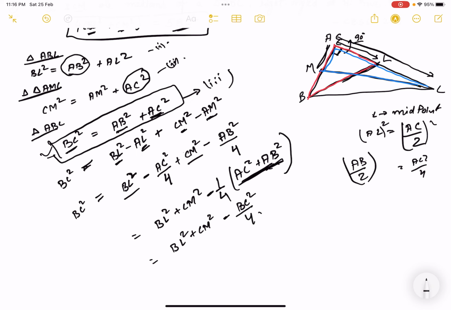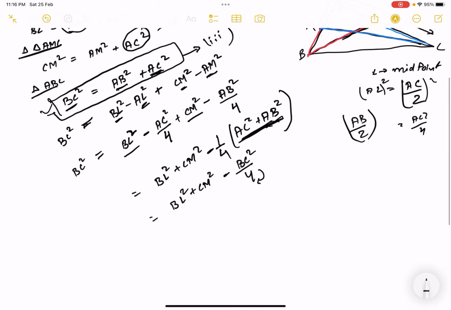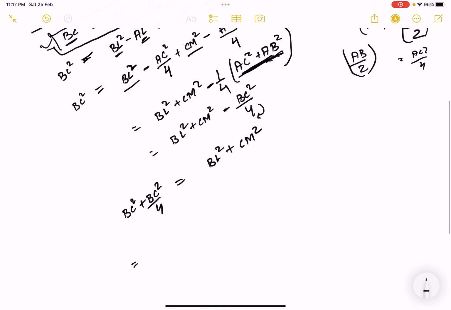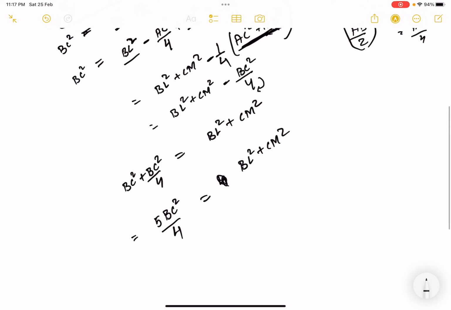Now taking BC to the LHS, we have BC square plus BC square upon 4 is equal to BL square plus CM square, which is equal to, we'll take 4 as LCM, and here we will have 5 BC square is equal to BL square plus CM square, or we'll take 4 this side.